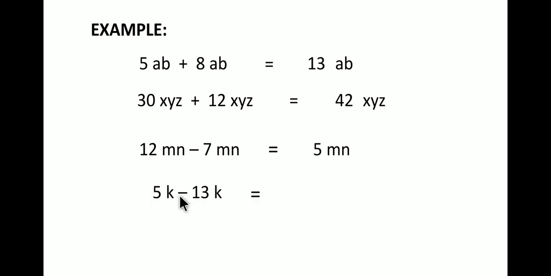So when you subtract 5 from 13, you get 8, and we write the variable k, 8k, and we write the sign of the greater number. Here the greater number is 13 and its sign is minus, so we write down minus 8k as the answer. So this is how we treat like terms.